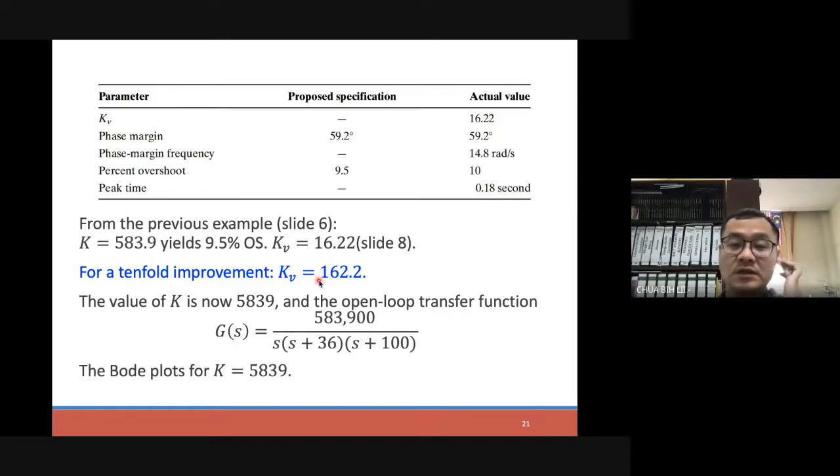The K value would also be multiplied by 10, so 5839. So this would be our open loop transfer function, and the K value would be 5,839.